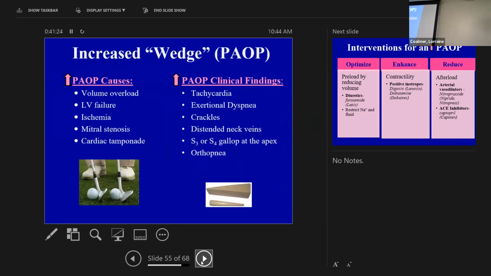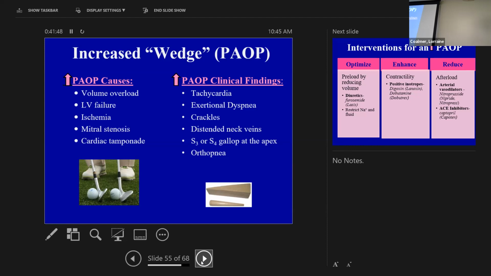So what is preload again? Volume. Now we know the left side of the heart, volume problem, right? So if the volume is up on the left side, what are you gonna give me? The blood pressure can tolerate it. If my volume is up on the left side, what am I gonna get?